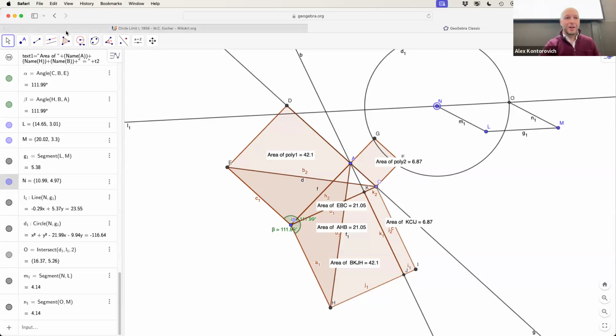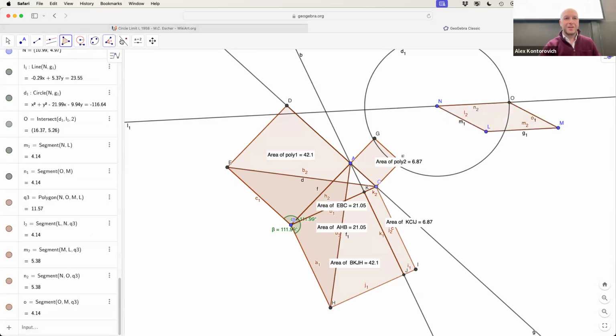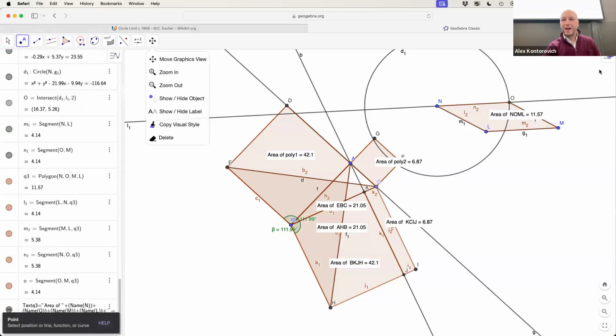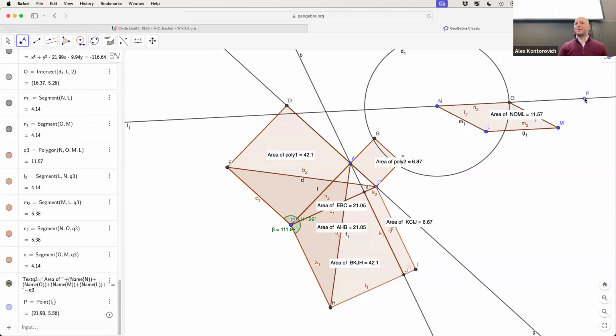Let's make that parallelogram N, O, M, L, and back to N. The area of that thing is whatever it is. And now I take a top anywhere on this same parallel.